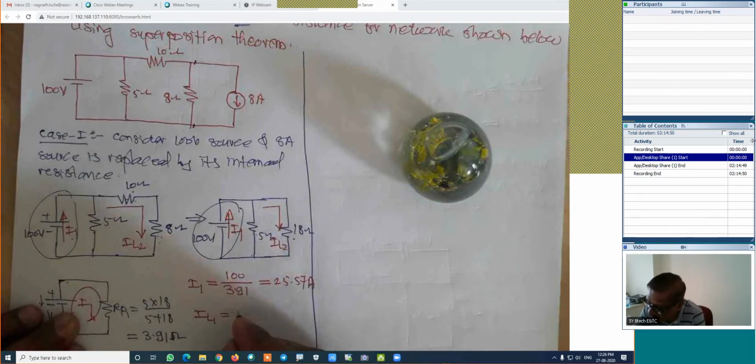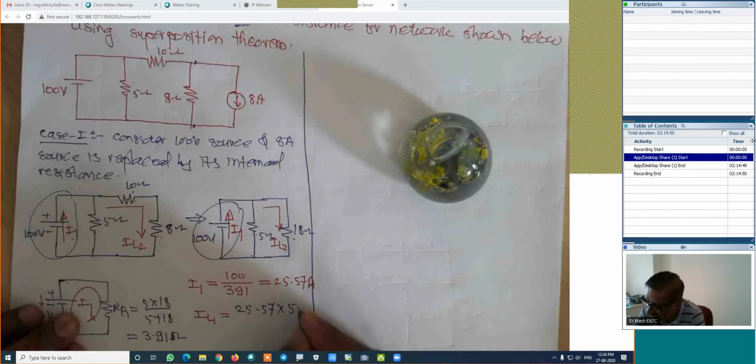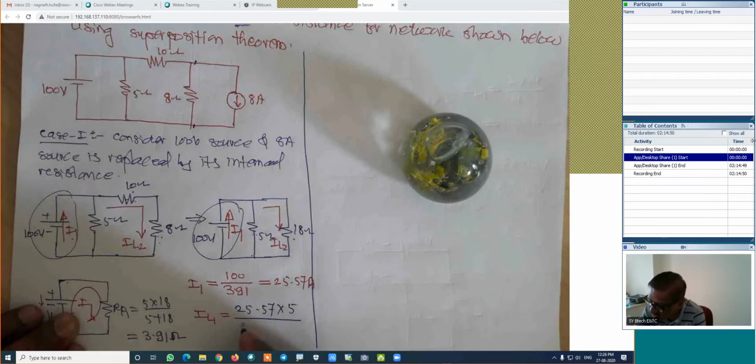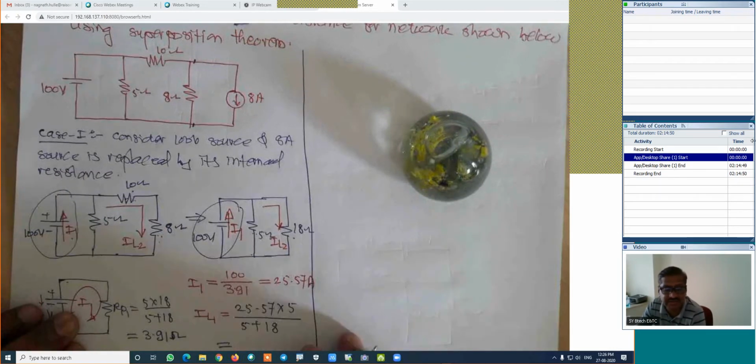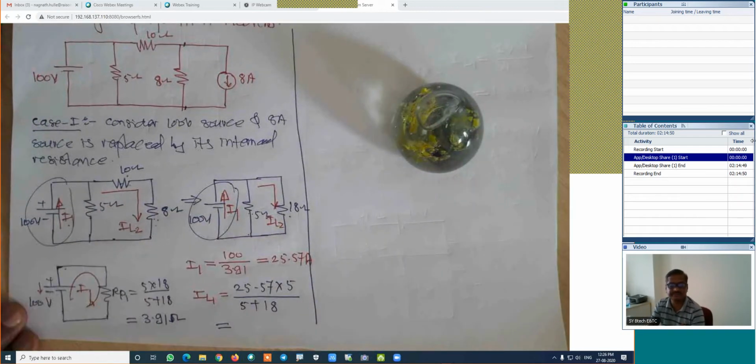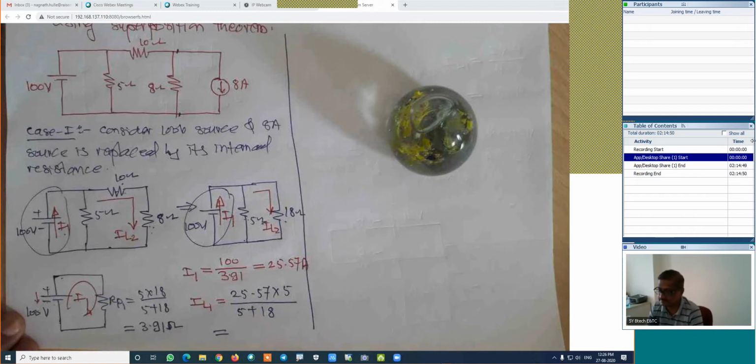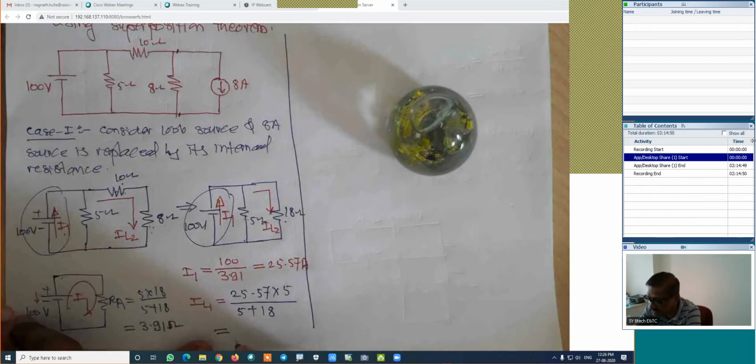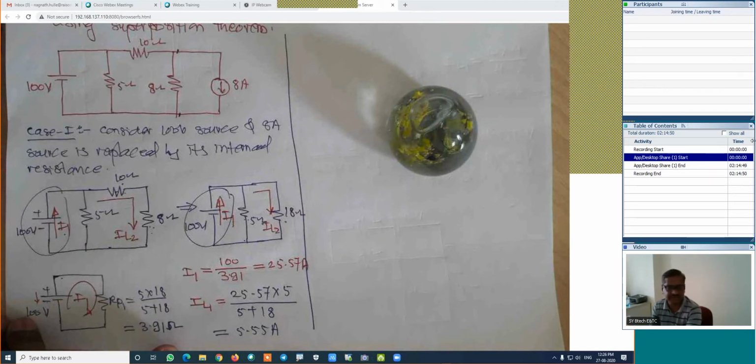It's 25.57 into 5 divided by the resistance of both branches, that is 5 plus 18. How much is the current IL1? 5.55 amperes is the current in that particular branch.